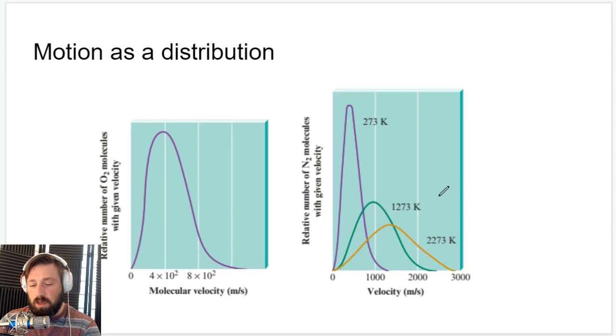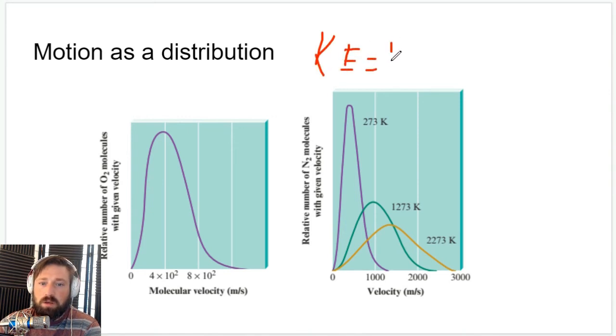So this is going to kind of help us understand what is happening. We can put these two skills together, looking at that kinetic energy formula and applying it to these distributions. So, for example, here we're talking about, let me just write it again, kinetic energy equals 1/2 mass velocity squared.